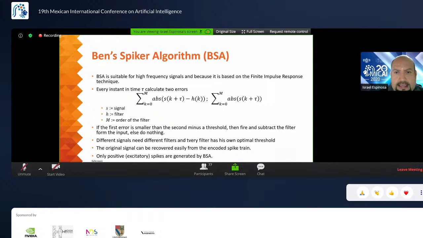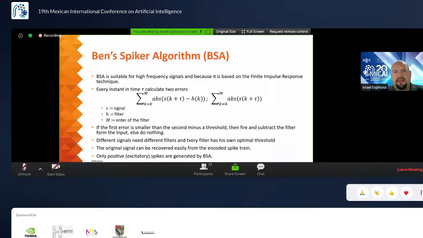These are the equations for the two errors. If the first error is smaller than the second minus a threshold, where we also have to define a threshold value, then we emit a spike. After that, we subtract the filter from the input, and that's it. If we don't meet that condition, we do nothing. We just transfer a 0.